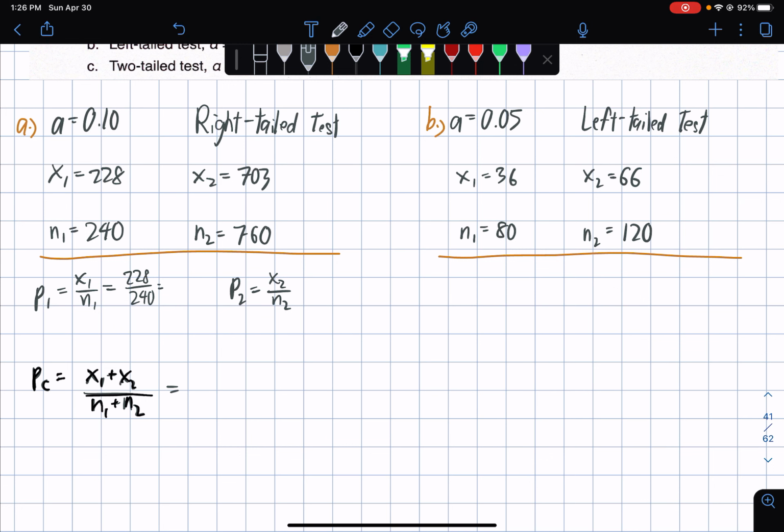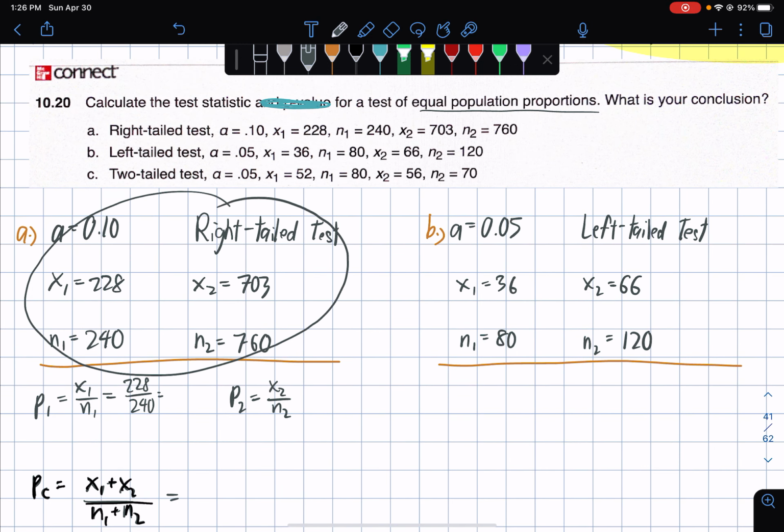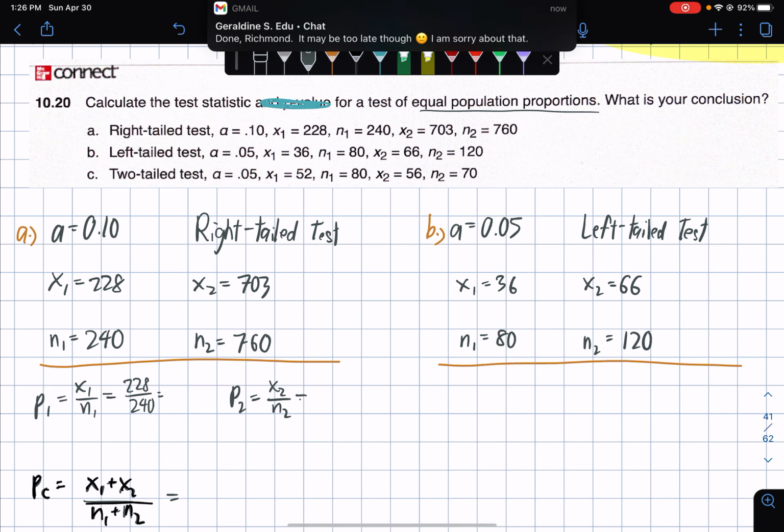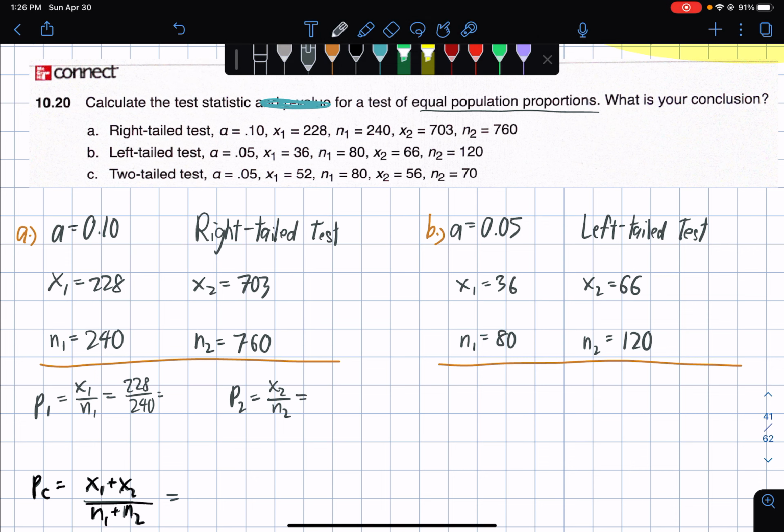I rewrote everything that's given here, so substitute the values. P1 is 228 over 240, that is 0.95. For P2, it's X2 over N2, 703 over 760, that is 0.925.